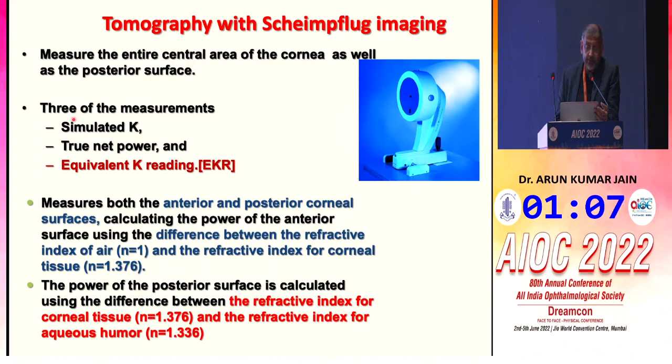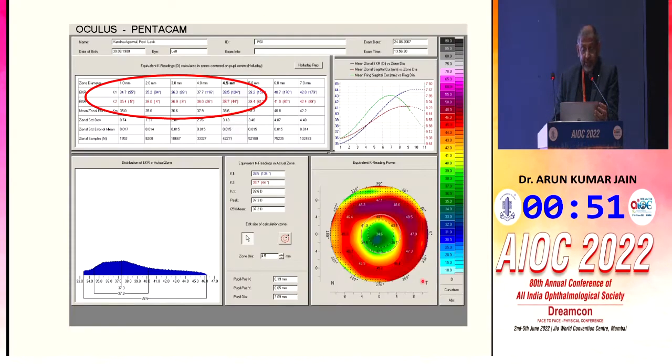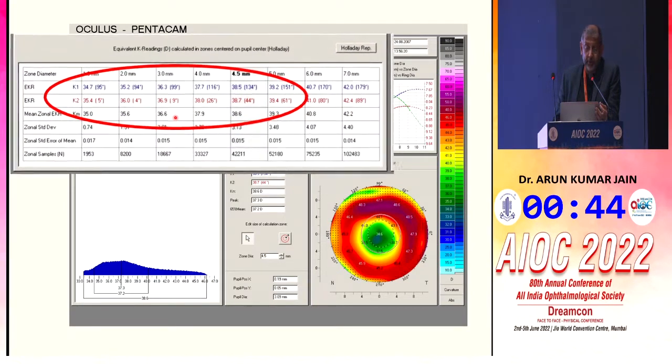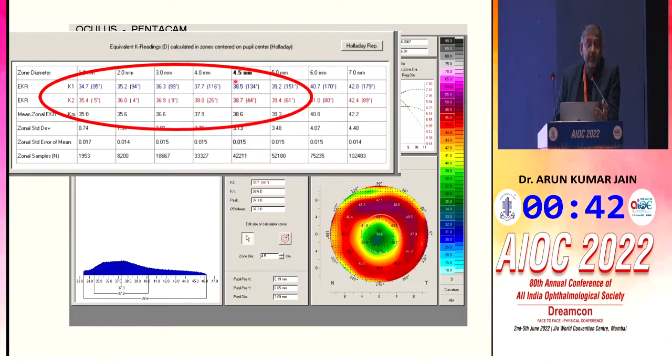This Pentacam gives us an equivalent K reading, which is based on true measurement of anterior and posterior corneal surfaces, and based on the true refractive index of the cornea, which is 1.376, and based on this we get this EKR map, and the EKR value in the central 2 to 4 millimeter of the cornea, they are normal, but Savini et al.